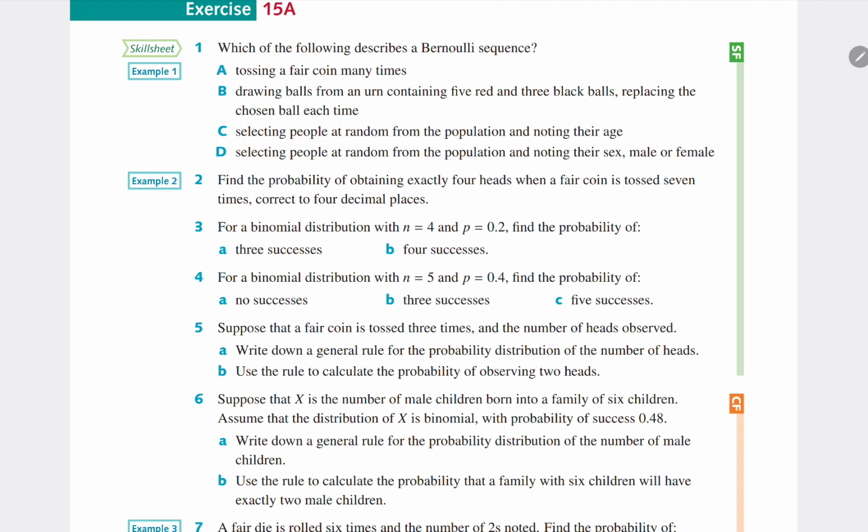Which one is it? So in your calculator, I can't remember.